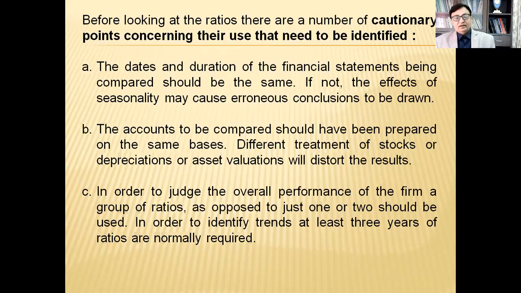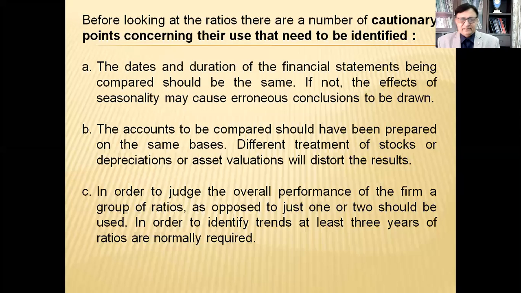Number two, the accounts to be compared should have been prepared on the same basis. As we have talked about earlier, the standards which are prepared are meant to bring harmonization in accounting practice. If accounts are prepared on different bases, then they will not be comparable, and different treatment of stocks or depreciation or asset valuation will distort the results.